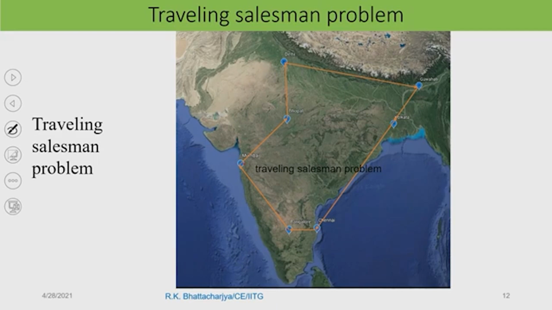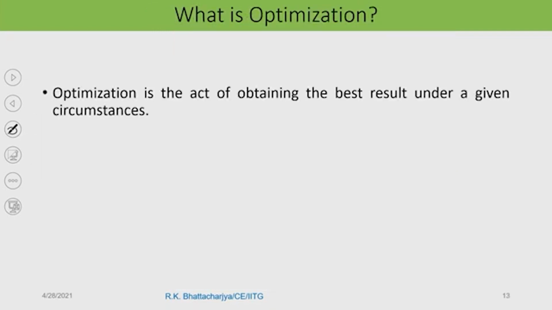You may have some optimal route. This is another example problem, we call it the traveling salesman problem. We will try to solve some problems related to this aspect also, apart from our other civil engineering problems.